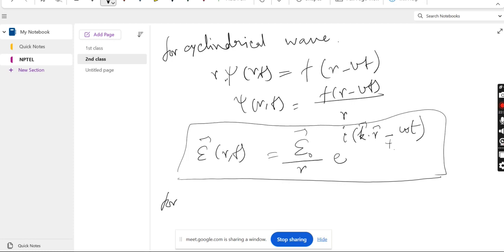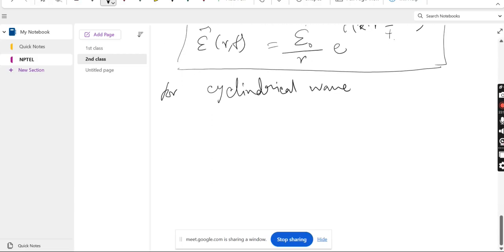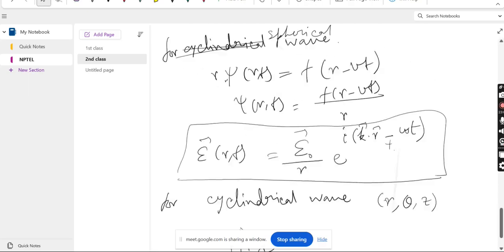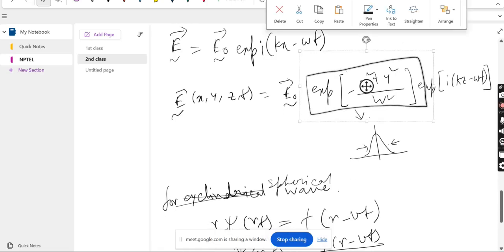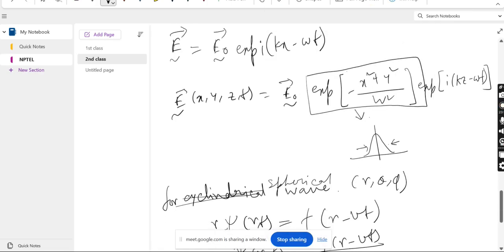Sorry, this is a form of a spherical wave. For the cylindrical wave, it's one by root r. Cylindrical coordinates are basically denoted by r, theta, and z. Spherical coordinates are denoted by r, theta, and phi.